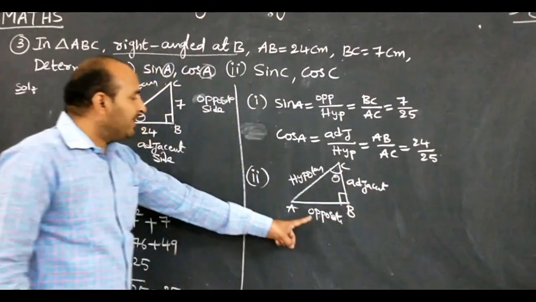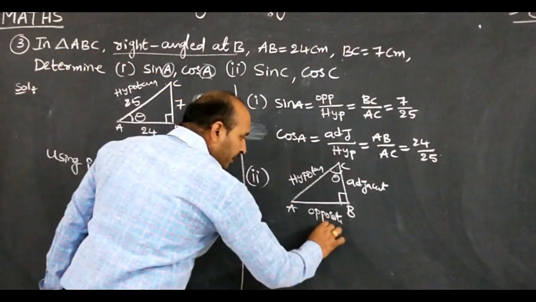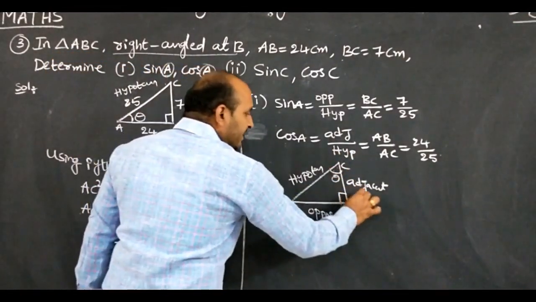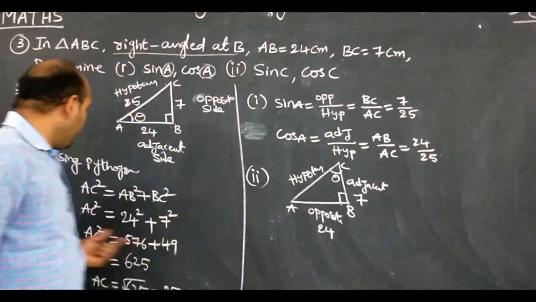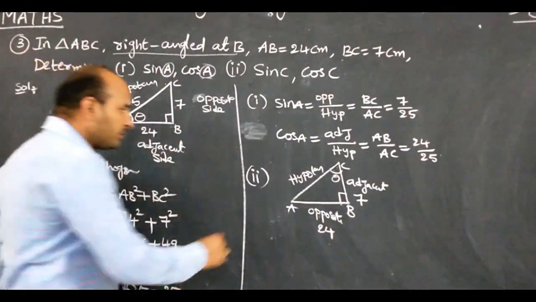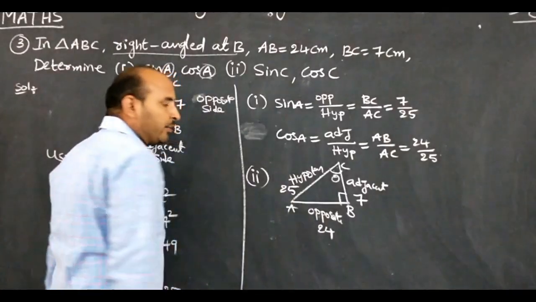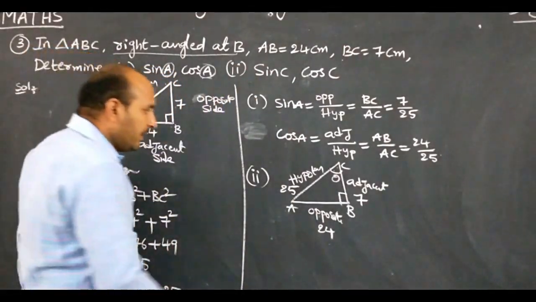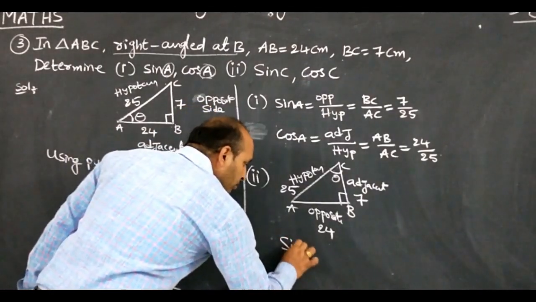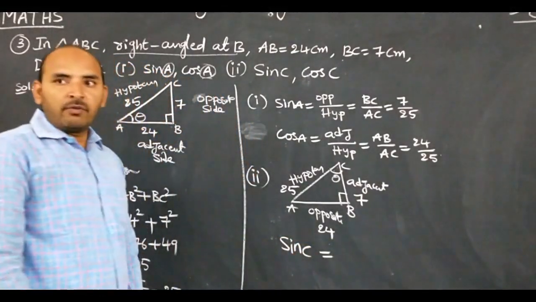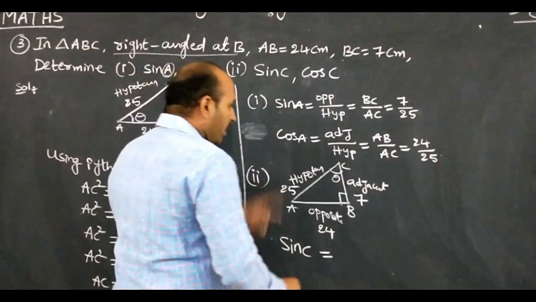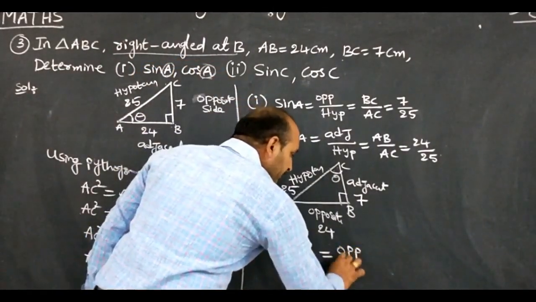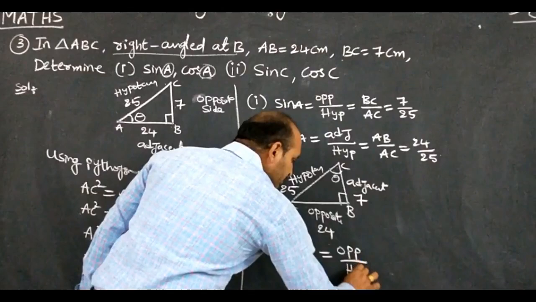So now, we already know the AB side is 24 and the BC side is 7. The hypotenuse AC we have already found, the AC side value is 25. Now I want sin C. The sin C formula is opposite side divided by hypotenuse.